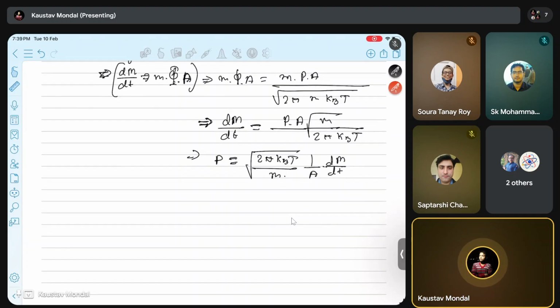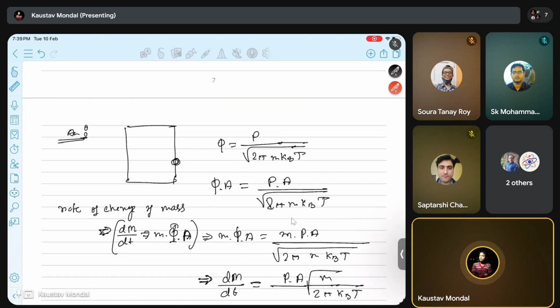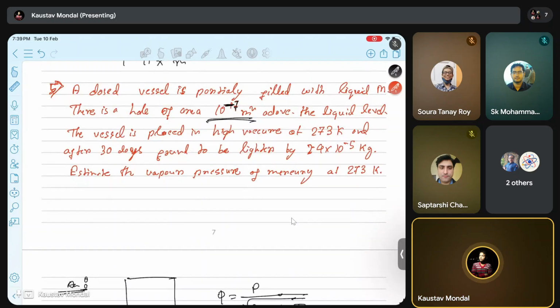Now just substitute the values. One thing I forgot to mention: the molecular mass of mercury is 200.59 atomic mass units.